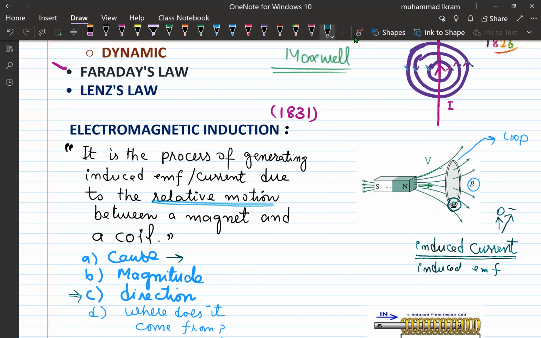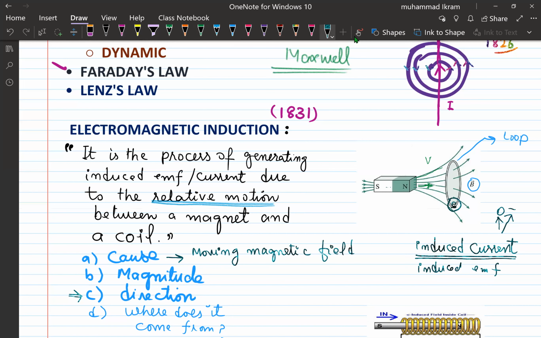Rather, it is something else. It is the moving magnetic field which produces induced EMF. The moving magnetic field is the cause of this induced EMF.